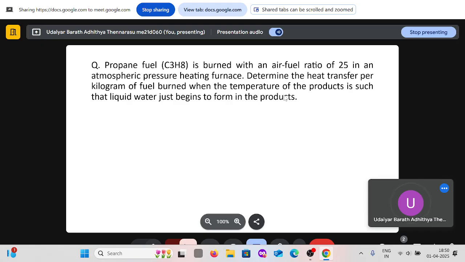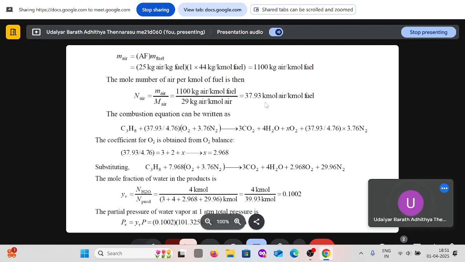The air fuel ratio is given as 25, and the pressure is atmospheric. So the product has reached its dew point. We will see how to solve this.